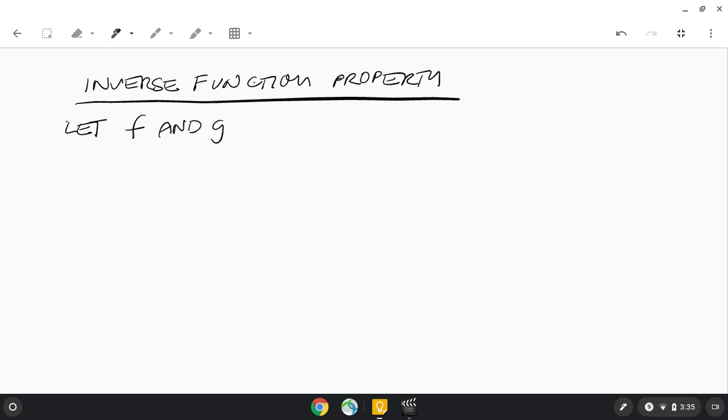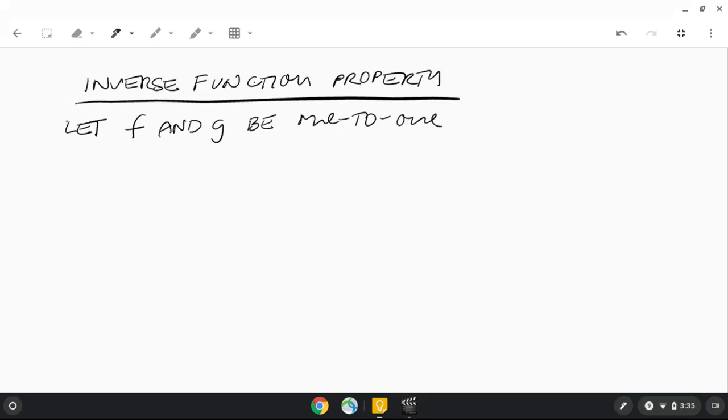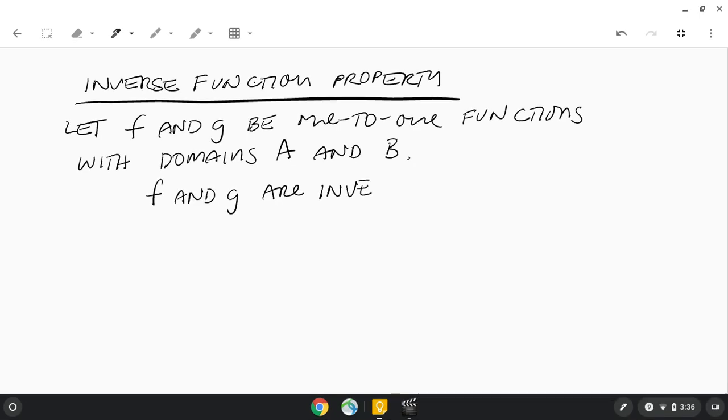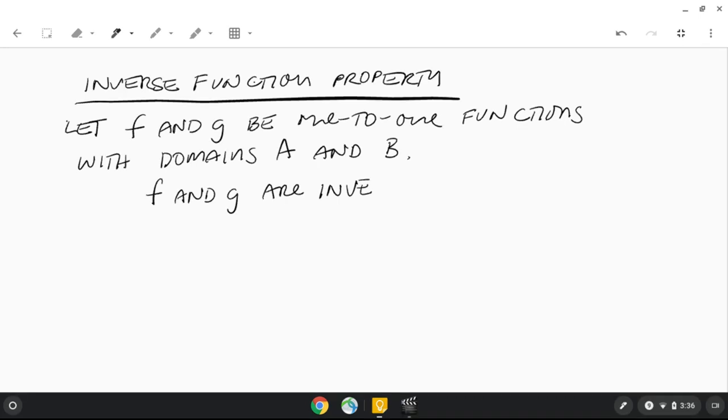Let f and g be one-to-one functions. Being one-to-one means you have an inverse, with domains A and B. So then it turns out that f and g are inverses of each other if and only if, I'm just going to use this symbol here, iff.